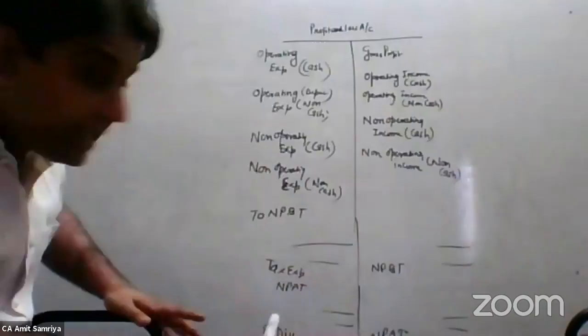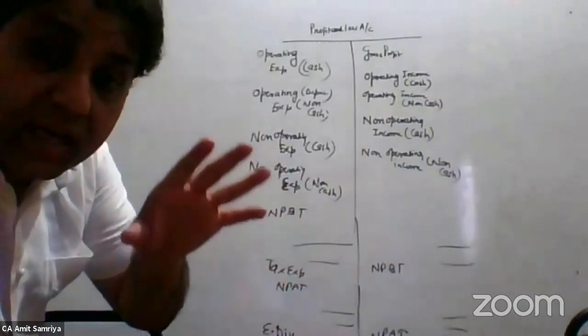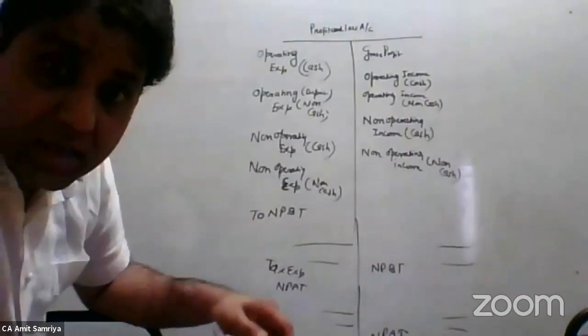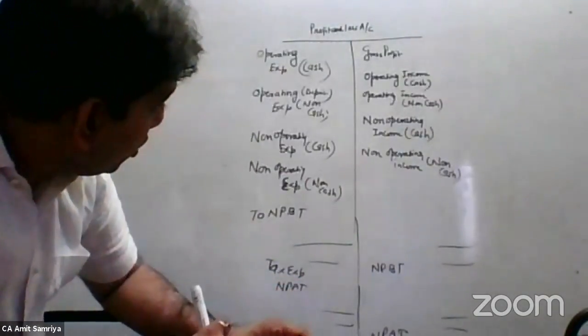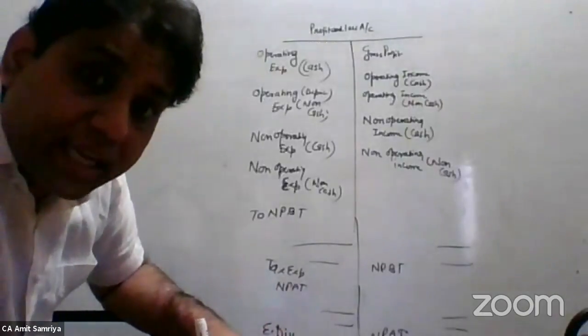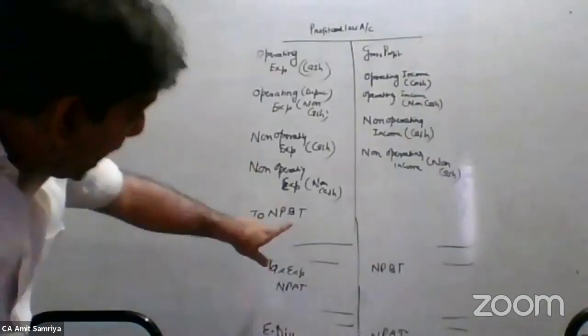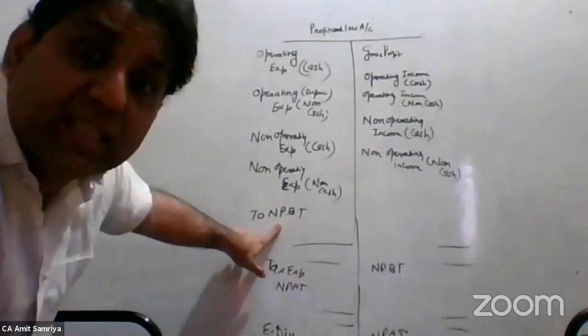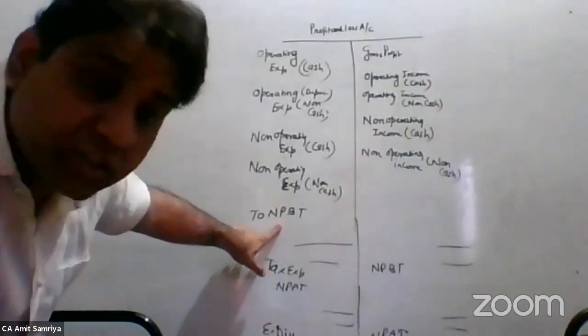So for tax paid, you should remember that a cash flow statement is a statement of flow of cash. Only cash items will take place in the cash flow statement. So the indirect method of cash flow deals with this: you should start with NPBT. NPBT, net profit before tax, is the result of all items, whether operating, non-operating, cash, non-cash.